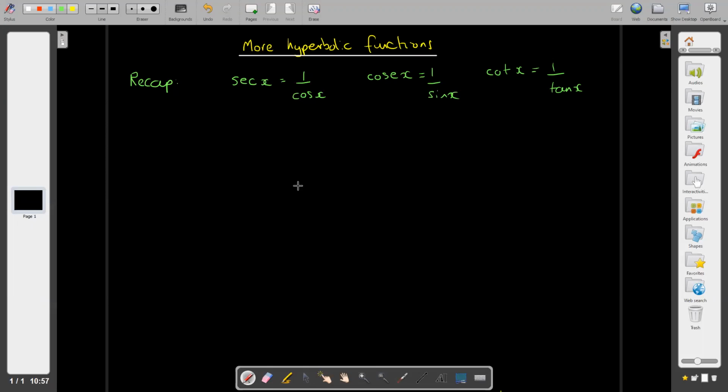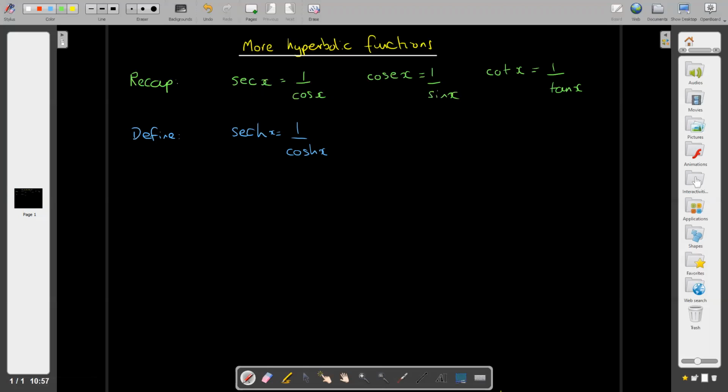You may well have guessed what's happening now, but I'm going to say it anyway. We're going to define the hyperbolic sech to be 1 over the hyperbolic cosine. So sech x is 1 over cosh x. This is where it starts to get really hard to say.